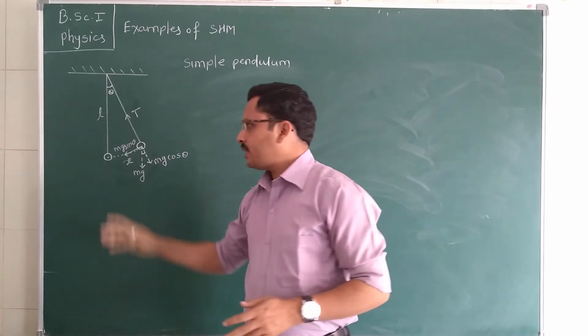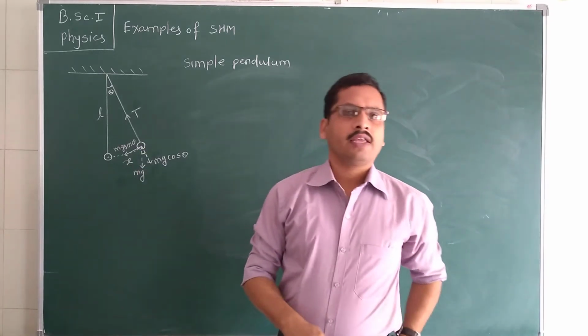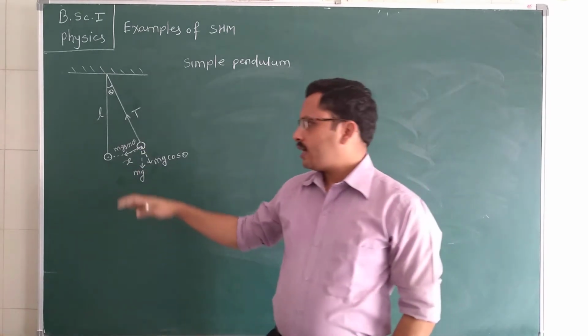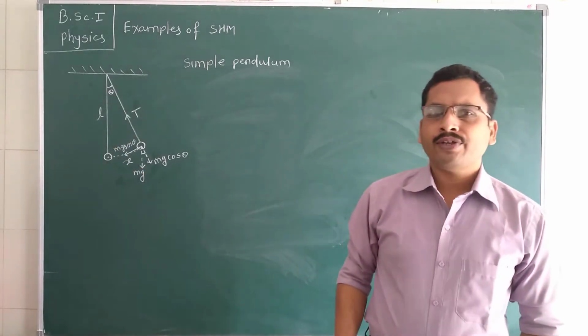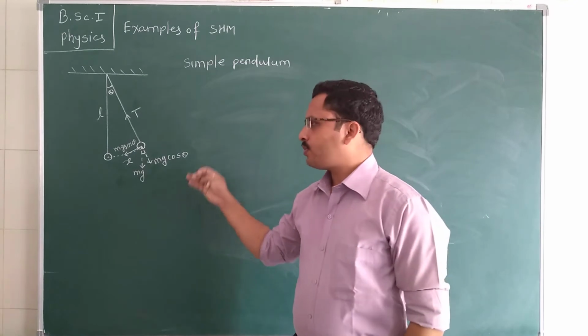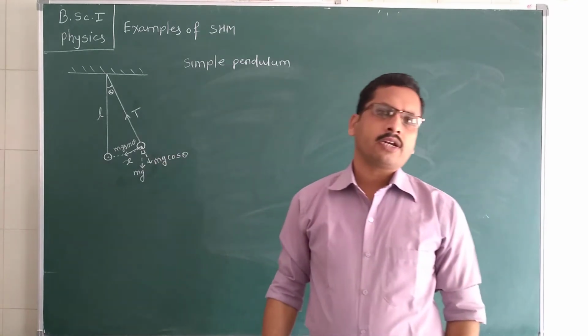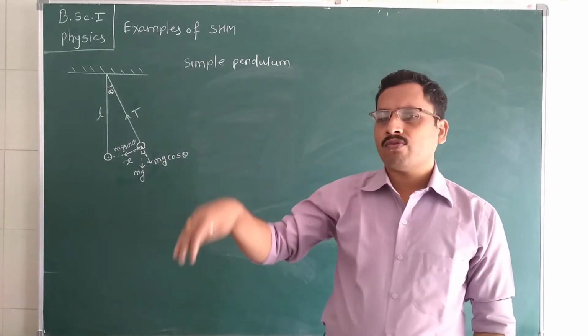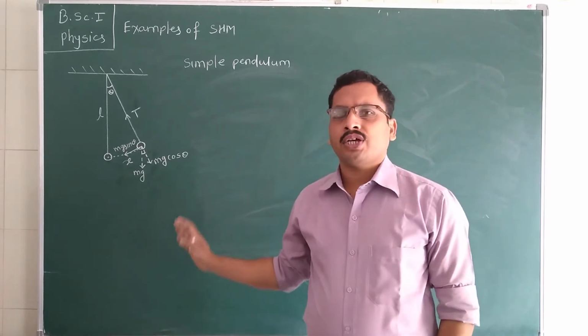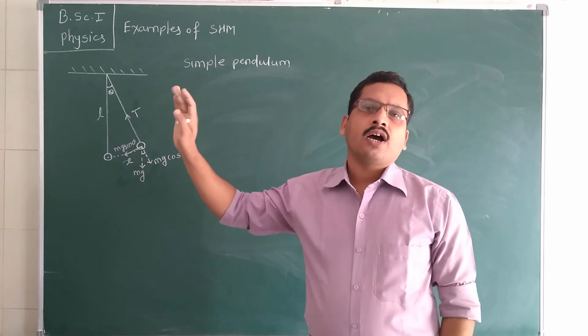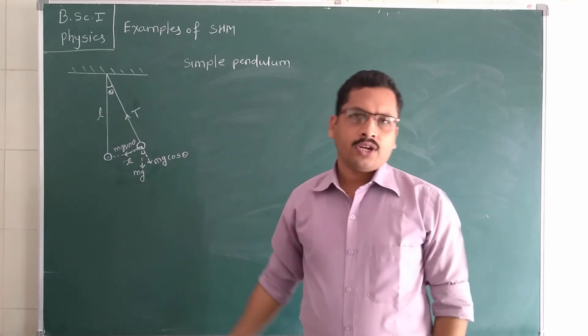Now, in the equilibrium position, there are two types of forces acting on the simple pendulum. The first force is the weight of the object, which is always directed downward, and the other force is the tension, which is always directed upward towards the rigid support.